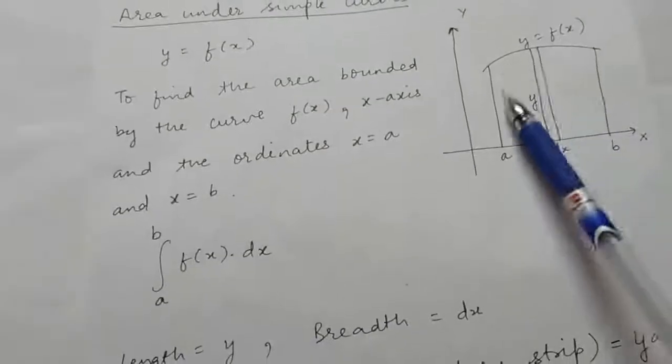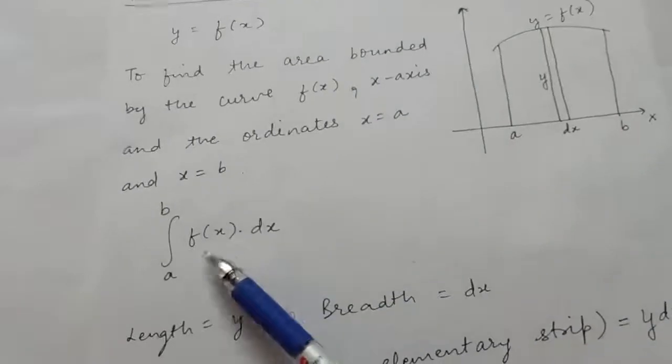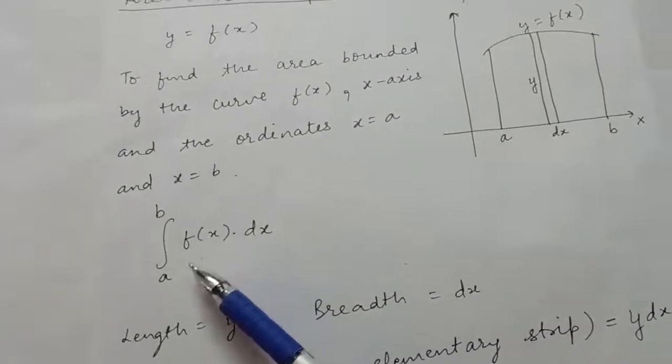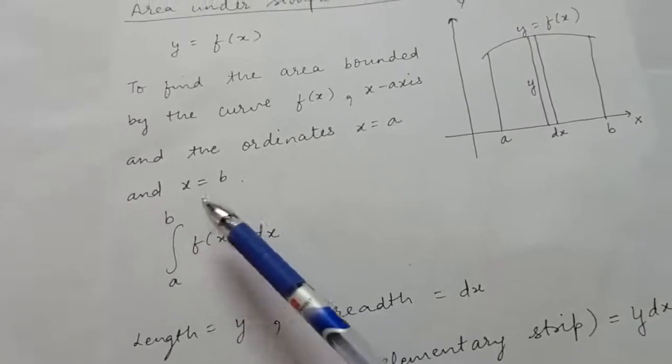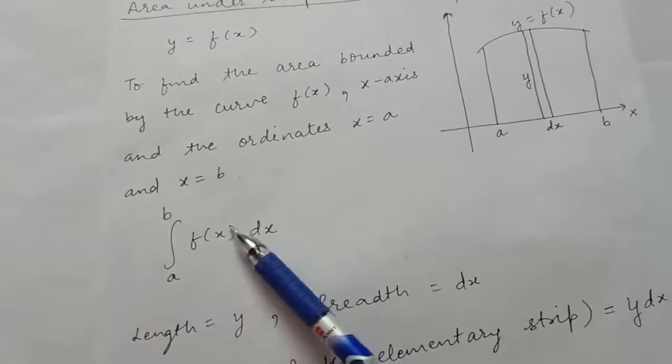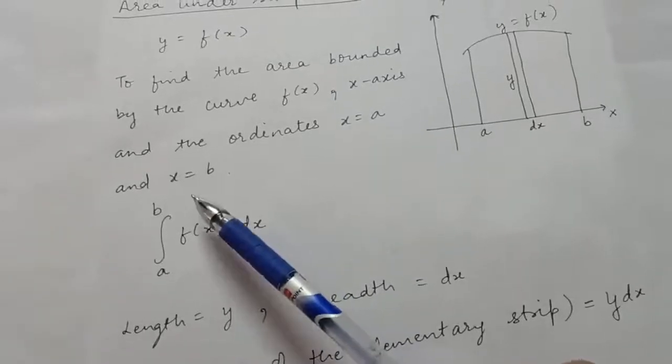So this will be the area, and this area is nothing but the integral of f(x) dx from the limits a to b, right? Because we want to find the area of the curve f(x) from the points a to b, so the limits will be a to b.